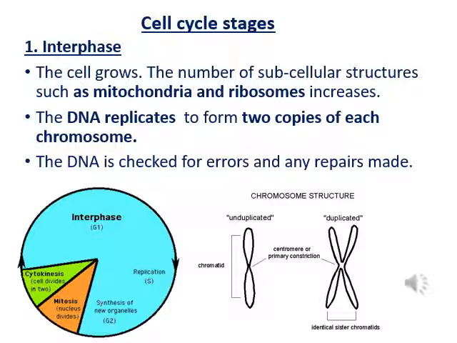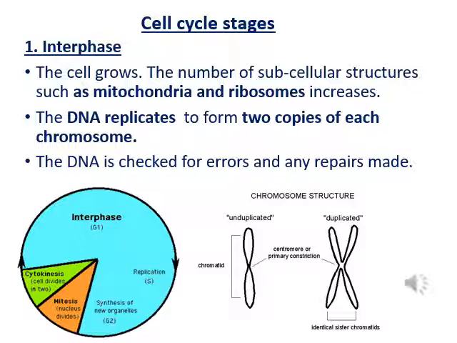So all of these stages in the cell cycle have special names, and we can see in that pie chart in the bottom left how long the cell spends in each stage in the cycle.